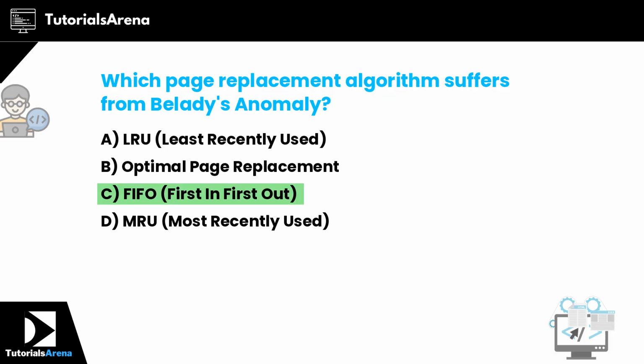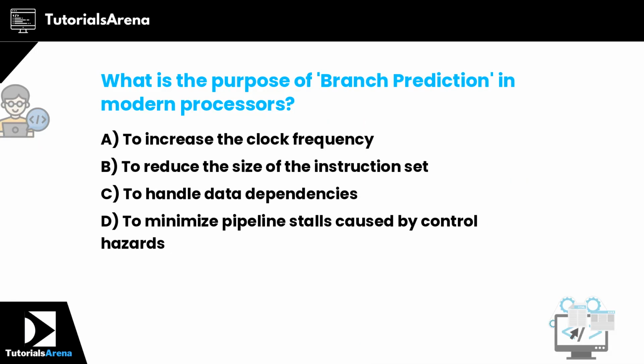The correct answer is option C, FIFO, first in first out. What is the purpose of branch prediction in modern processors? The correct answer is option D, to minimize pipeline stalls caused by control hazards.